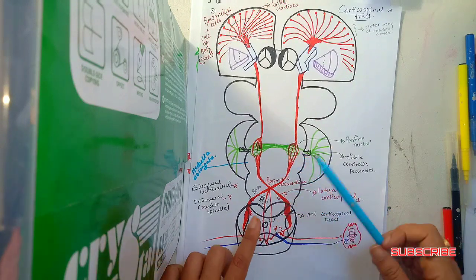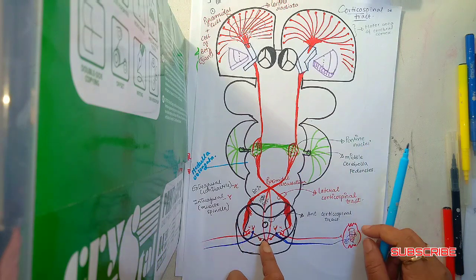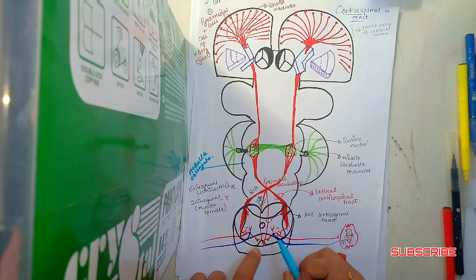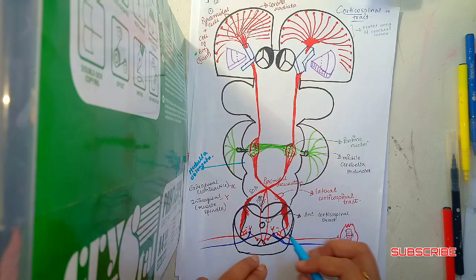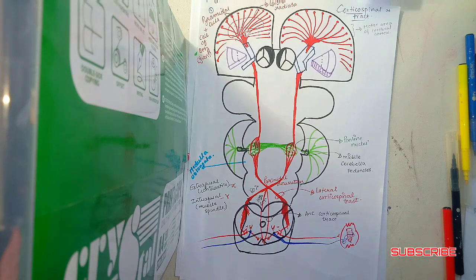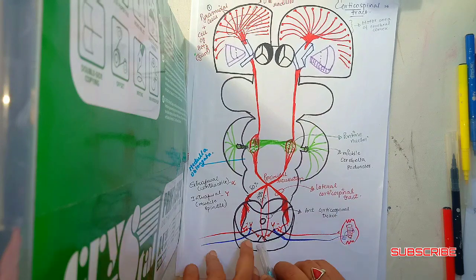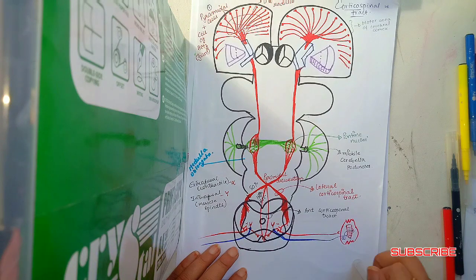This tract comes from the pyramid and goes directly to the anterior side of the spinal cord, and then it forms the alpha and gamma fibers the same way and transmits to the muscles. The same thing, but it directly goes to the anterior horn of the spinal cord and then sends signals to the alpha and gamma fibers to the muscles.